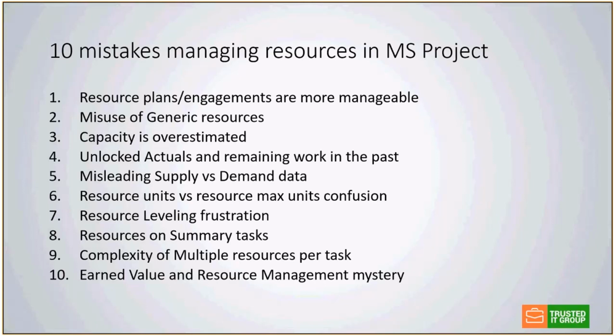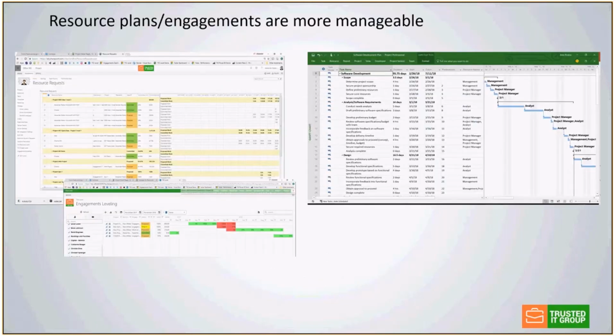Okay. Number 1, resource plans and engagements are more manageable. Basically, what I'm trying to say here is that based on Microsoft Project Server and earlier versions, there's a feature called resource plans.